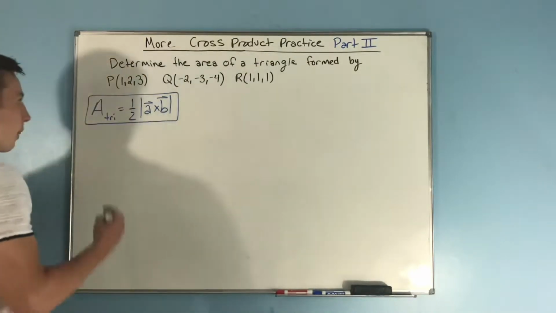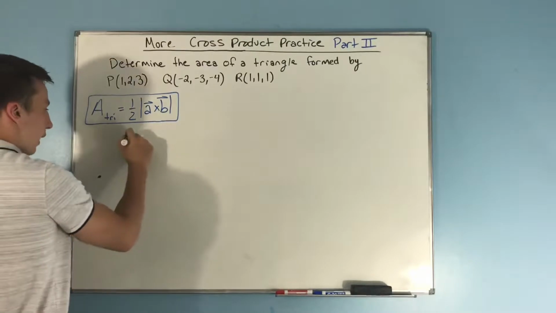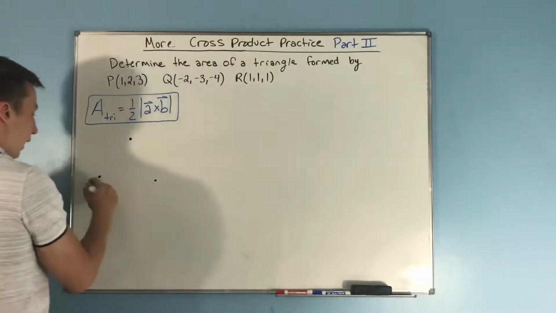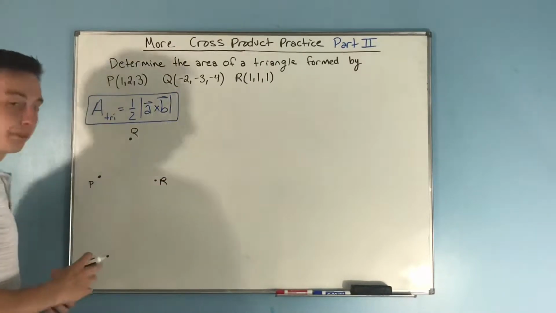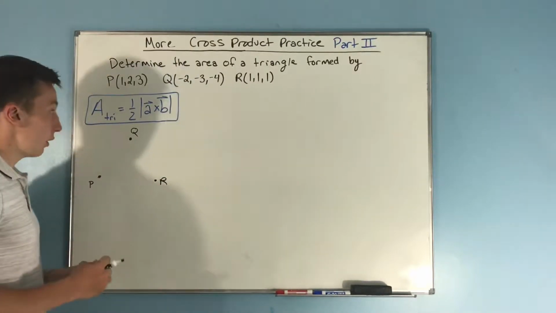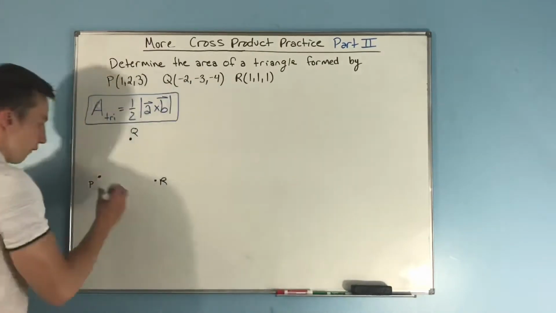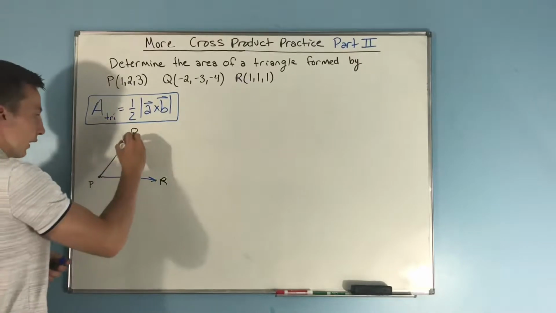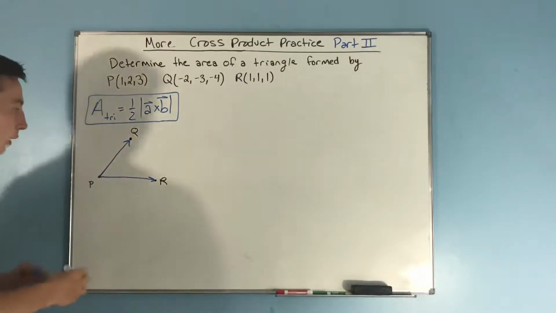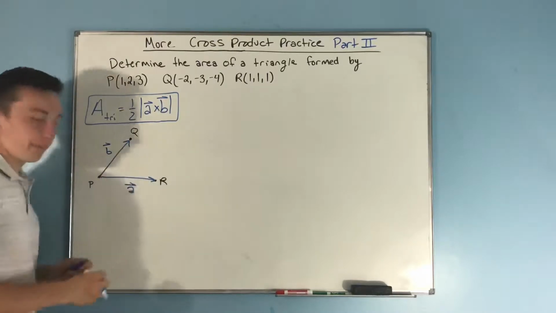This is not going to be accurate at all, but let's say we have 3 points, P, Q, and R. What we're going to do is find this vector and this vector right here, and that will be our vectors A and B.